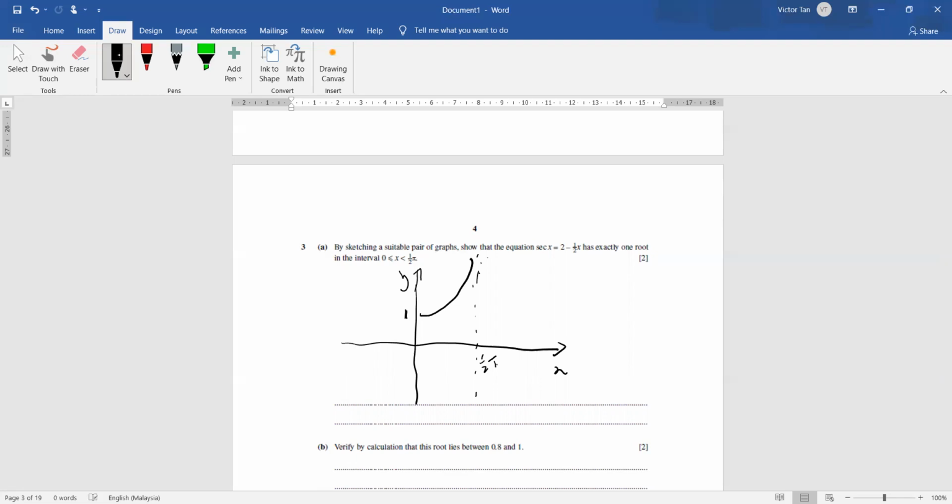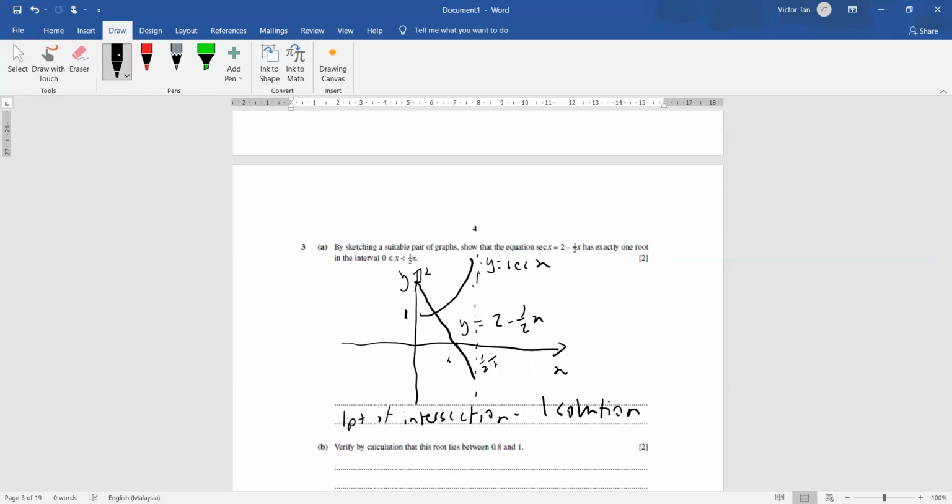So this is 1. So this is y equals secant x. 2 minus half x, 2 here, and half pi is 1.57 here. So this is y equals 2 minus half x. So you have one point of intersection. One solution.